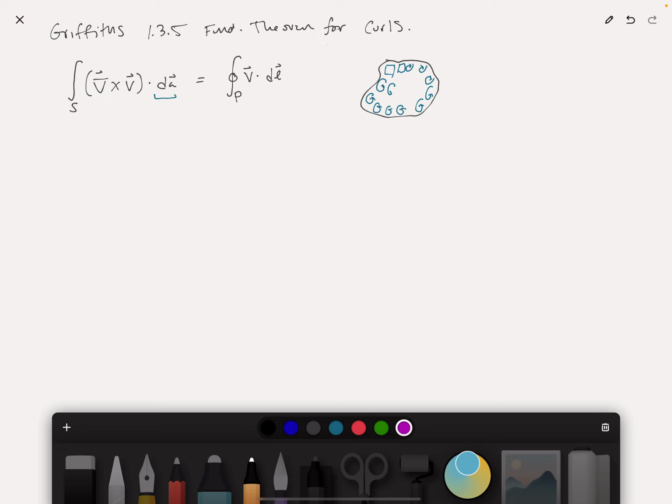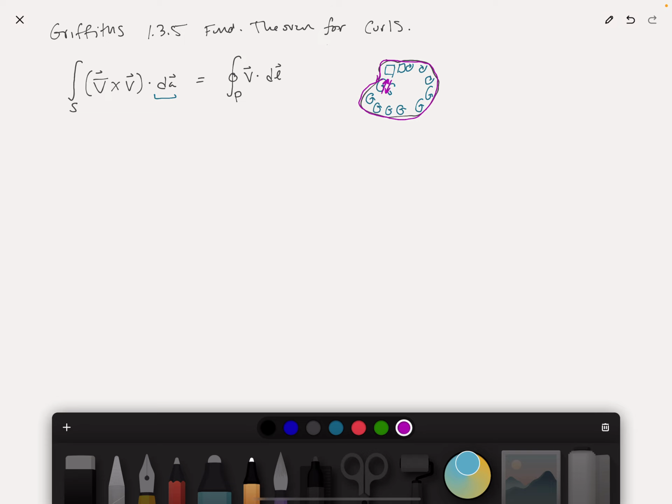But you may notice that internally, there's a curl of my field going this direction, while adjacent to that, there is a curl going in the opposite direction. If your dAs are small enough, those two contributions will cancel each other. All you're going to be left with is the net rotation of your vector field on the outside.